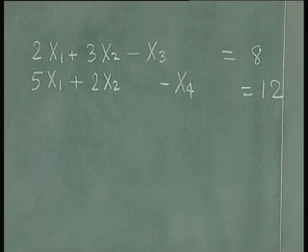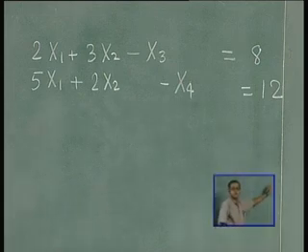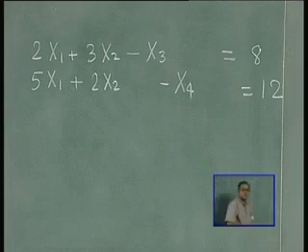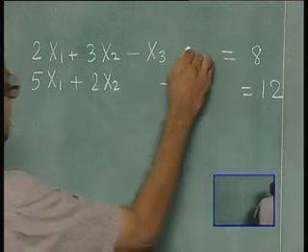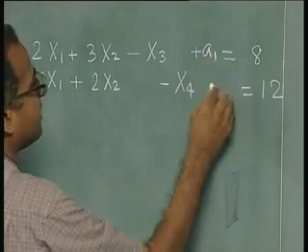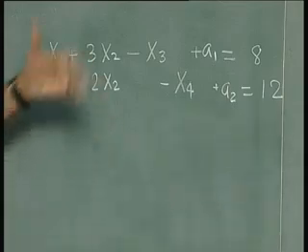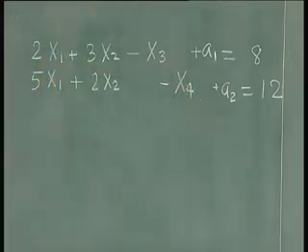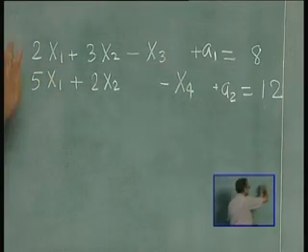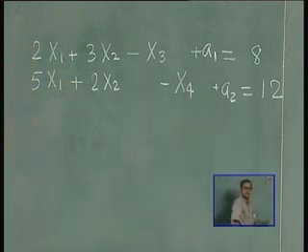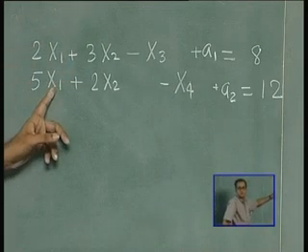So in order to get a first simple basic feasible solution, we add two more variables to this set. We call them, for example, plus a1 equal to 8, plus a2 equal to 12. If we simply add these two variables a1 and a2 into these equations, and rewrite the equations in this form, we now have 6 variables and 2 equations.